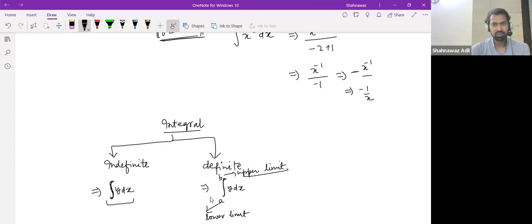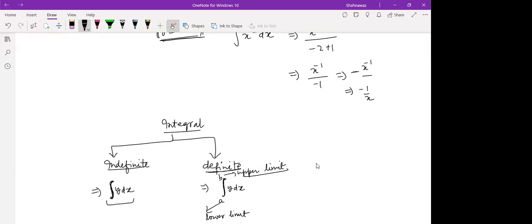If we have the limits of the integral, this is called a definite integral. And if we don't have a limit, this is called the indefinite integral. Is this clear? Yes, sir.